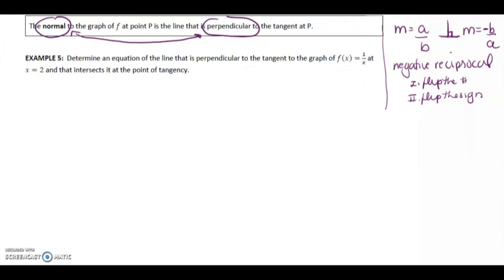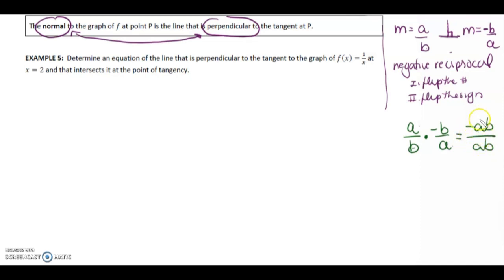One other thing about perpendicular slopes is if we were to multiply perpendicular slopes, so a over b times negative b over a, what would we get? Well, a times negative b is negative ab, and b times a is also ab or ba, doesn't matter.